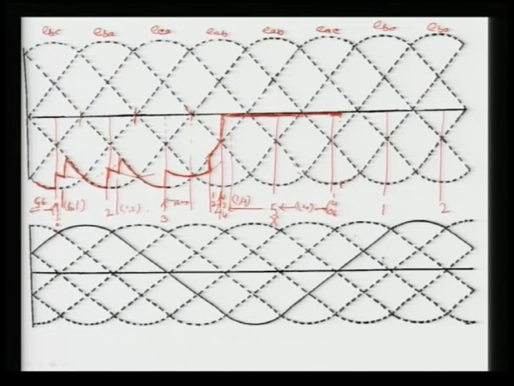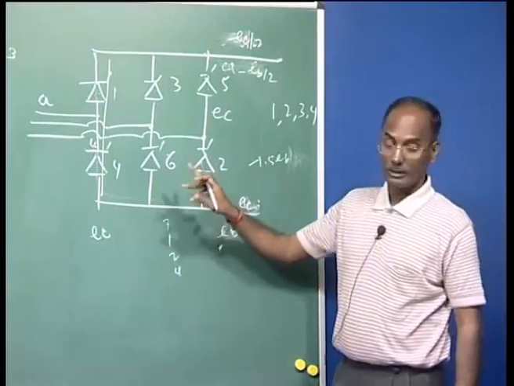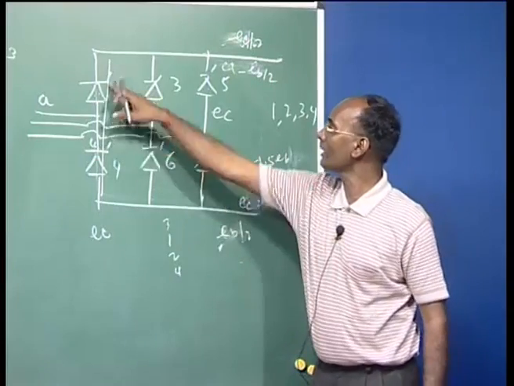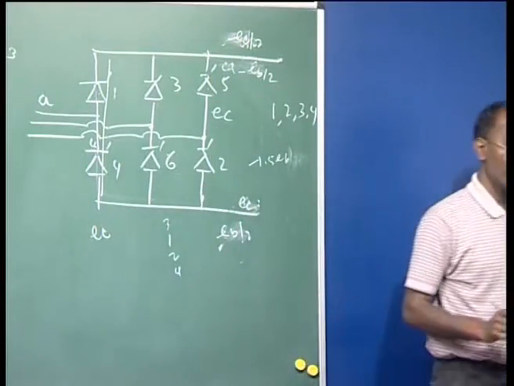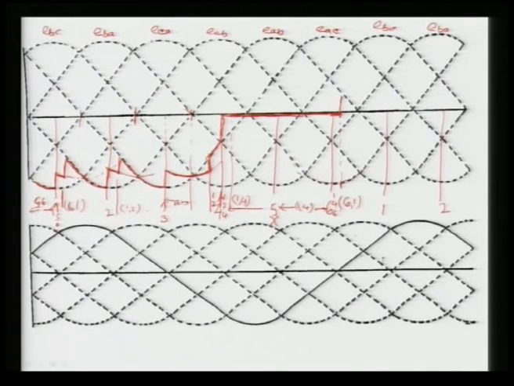Now 6 and 1 are conducting, and your voltage will follow EAB, because with 1 and 6, A and B, we have to see EAB. EAB is very near to here, and it will follow and go up to 1.